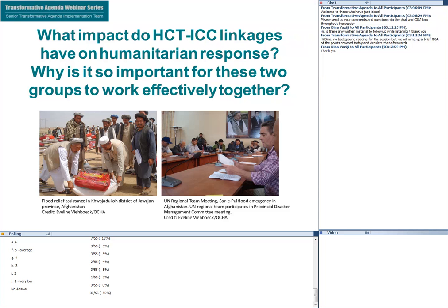We also have had help, I think, from the CHF. We have a common humanitarian fund here, and we put a proportion, not a lot of money, into data gathering and data management as well.